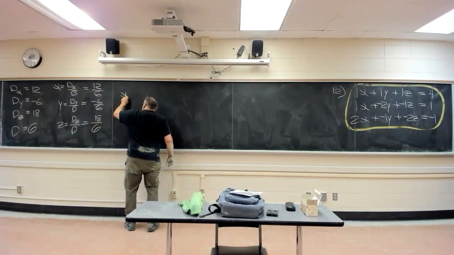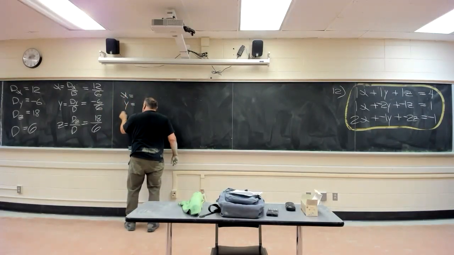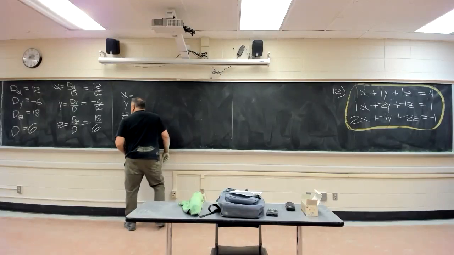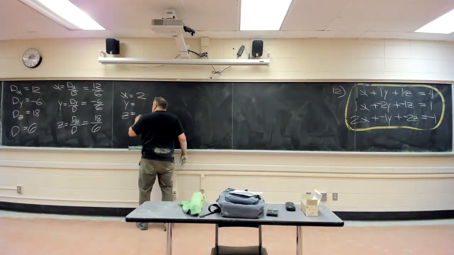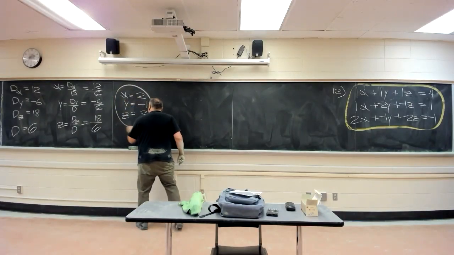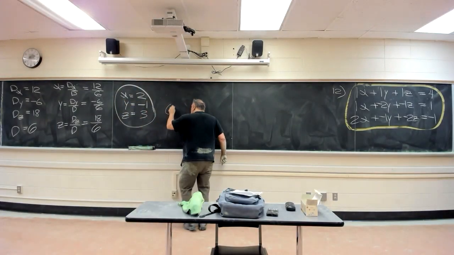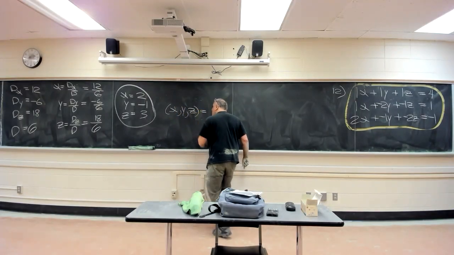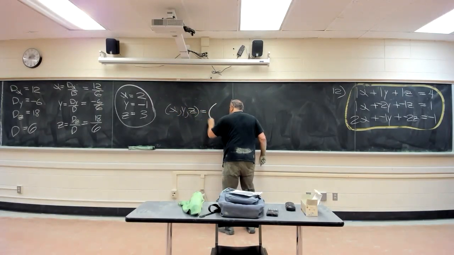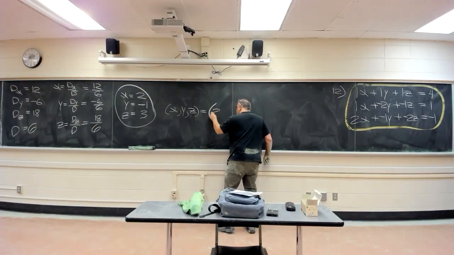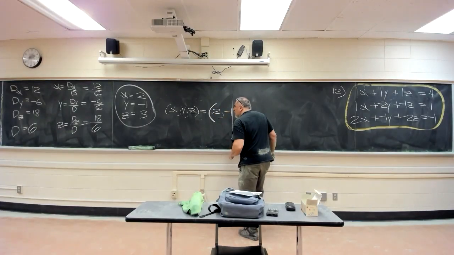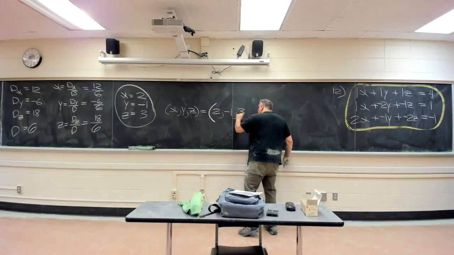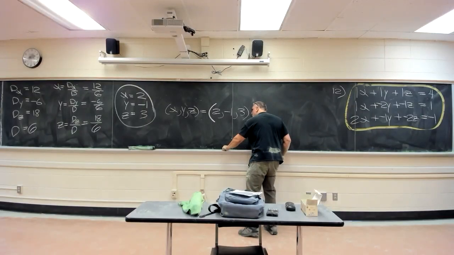At the end of the day, we've got x, y, z: 12 divided by 6, negative 6 divided by 6, 18 divided by 6. Pretty well behaved if they're right. Two, negative 1, 3. And there it is.